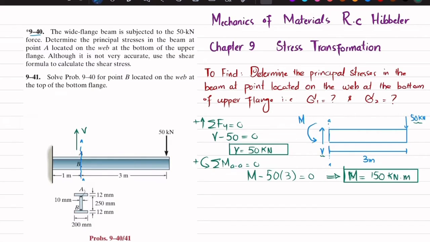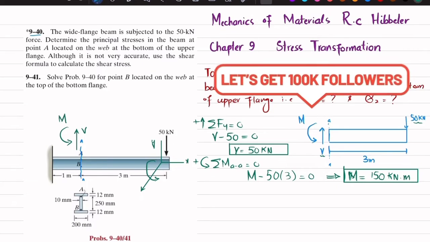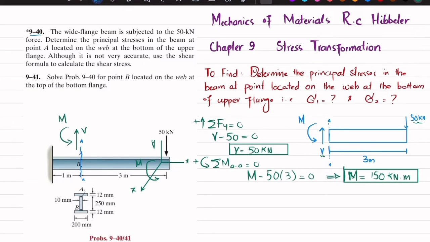Now you can see that here we have one shear force that is acting upward, which is V, and we have a moment which is counterclockwise. This is the x-axis, this is the y-axis, and this is the z-axis. So you can see this moment will be about the z-axis, and the shear force that is acting downward will be in y direction. Due to this moment, the normal stress, or bending stress, will be generated in this x direction, which is sigma x.